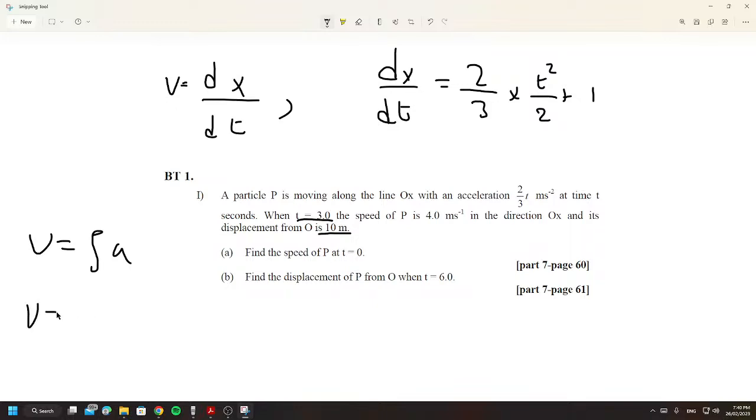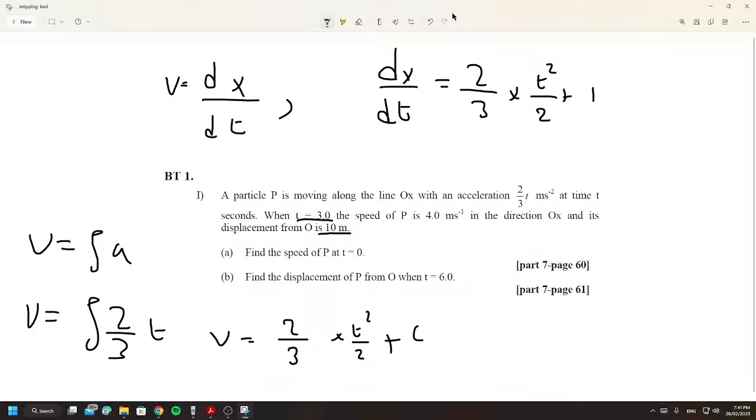So v is equal to the integral of 2 over 3 t. Therefore, v is equal to 2 over 3 times t squared over 2 plus c. Okay, I think I finally know what I'm doing.